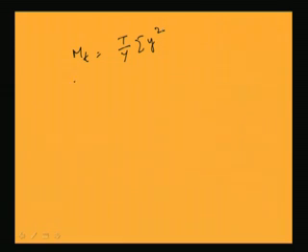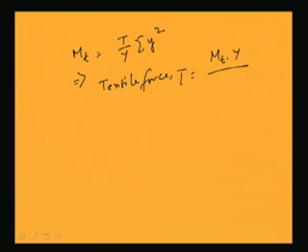Theoretically I can write the tensile force in this way: tensile force T will become MT into y by summation y square. So, the tensile force can be calculated from this. Now, this is the tensile force for a particular rivet. The total tensile force can also be calculated.